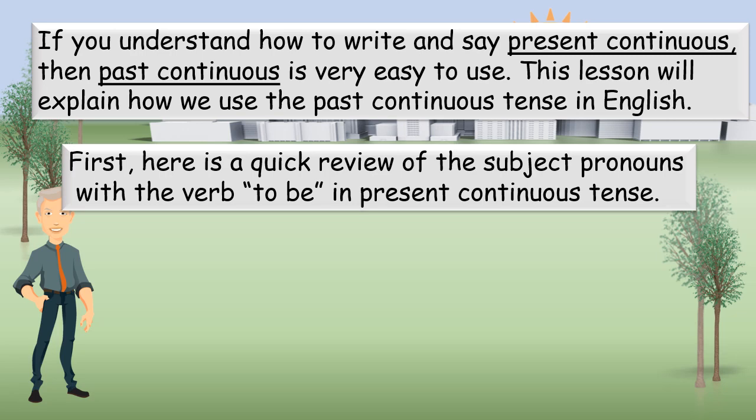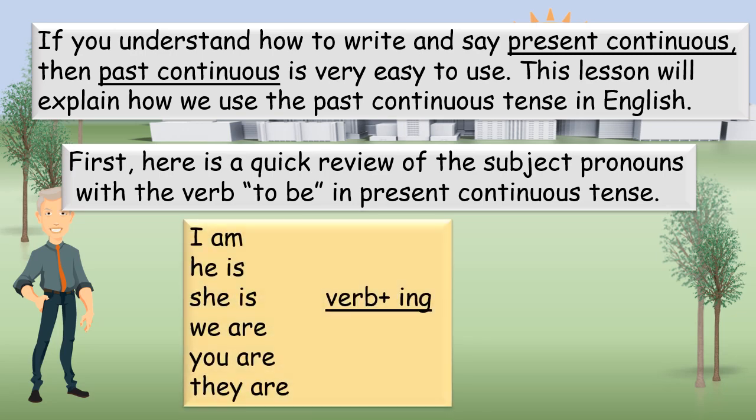First, here's a quick review of the subject pronouns with the verb to be in present continuous tense. I am, he is, she is, we are, you are, they are, then the verb plus ing.